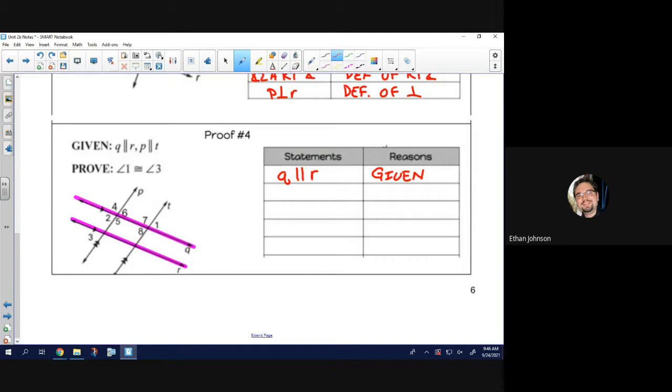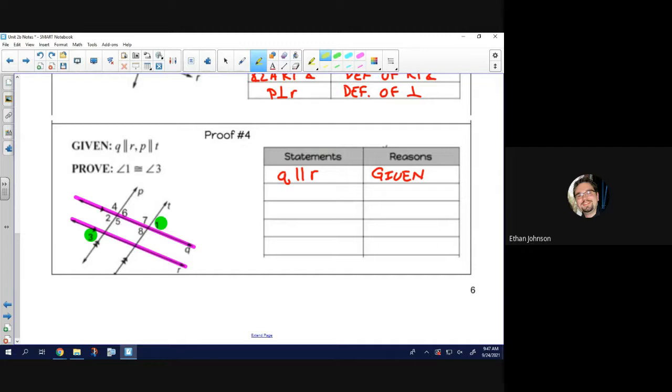So looking at our diagram then, I can say, well, the only angle on line R is 3. So I know we have to deal with angle 3. And I know at the end, according to our proof, we have to deal with angle 1. But we have multiple options now. So we're going to choose one. And it does not really matter which.